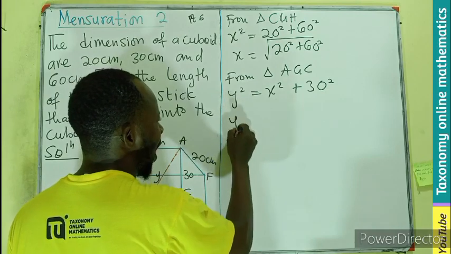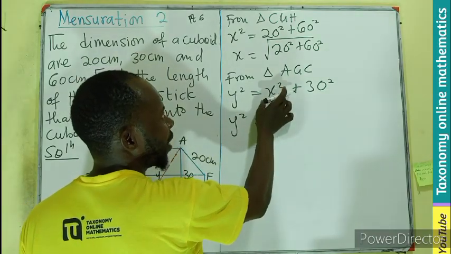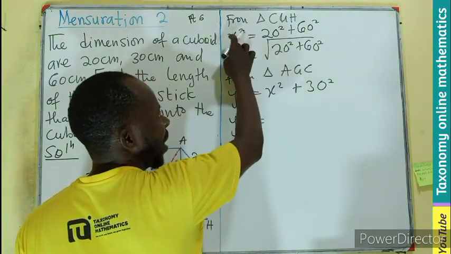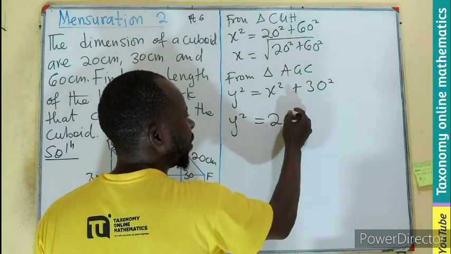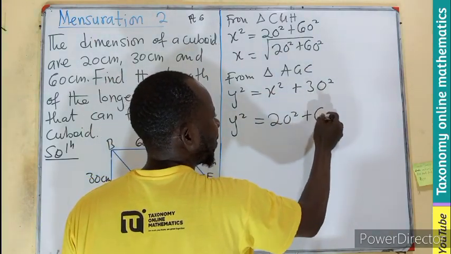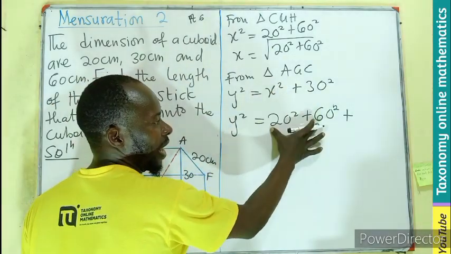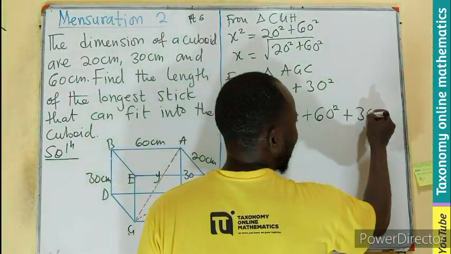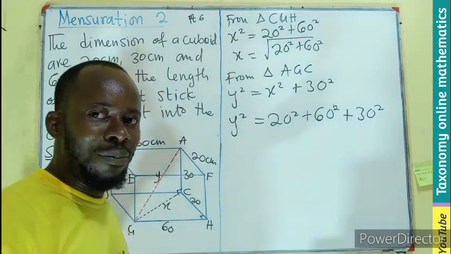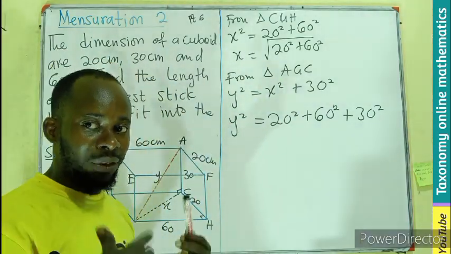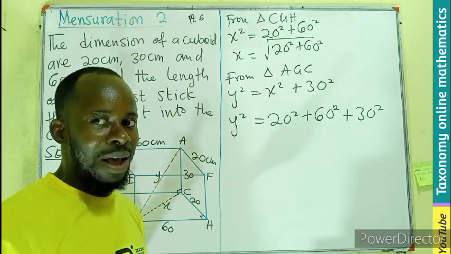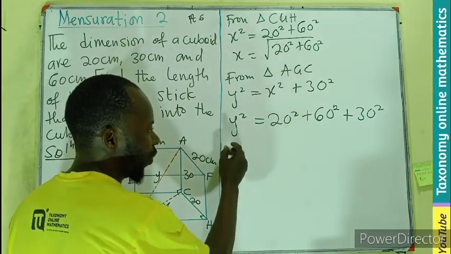So Y squared equals X squared, which is 20 squared plus 60 squared. This is the X squared here. Then our 30 squared. So in the beginning, I mentioned that the square root of the squares of all the dimensions will give us what we are looking for.